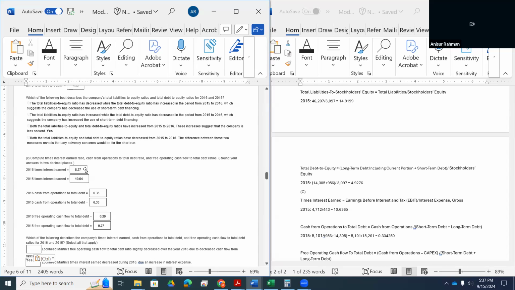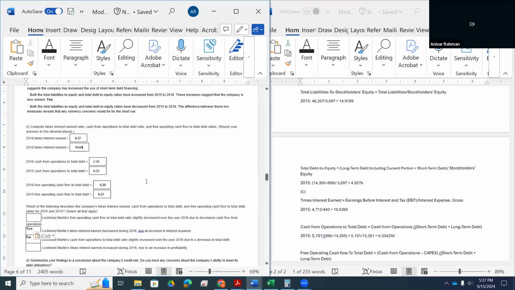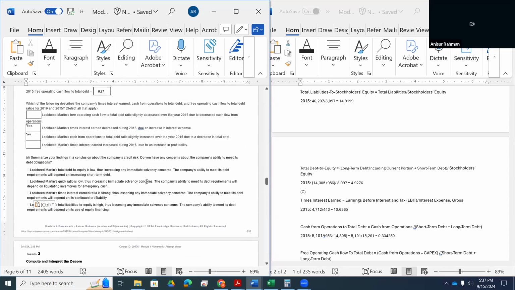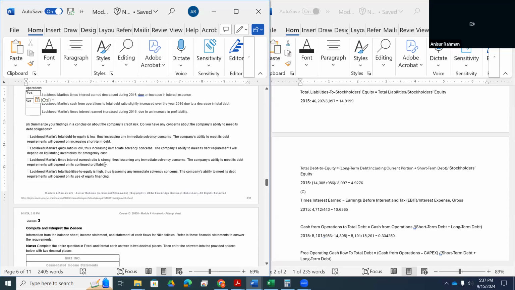And in 2016, it is more than 8 times. So these are much better numbers, very strong numbers. So interest ratios are strong, lessening any immediate solvency concerns. So that is true. The company's ability to meet its debt requirements will depend on its continued profitability. So that is true.